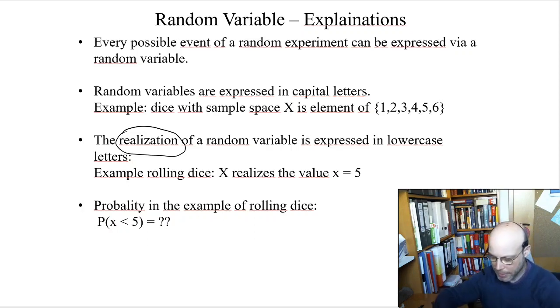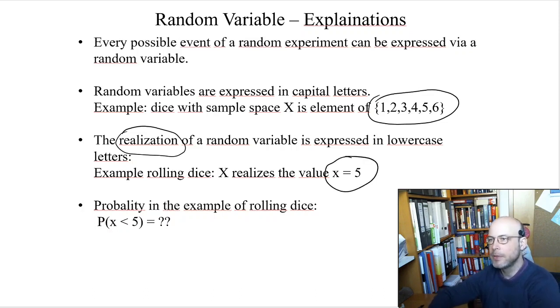And here is my example, which I already posed: rolling a dice has the sample space 1, 2, 3, 4, 5, 6, and the realization could be that you roll the number 5. And then a very hard question is, if this is a perfect dice, what is the probability that X is smaller than 5?